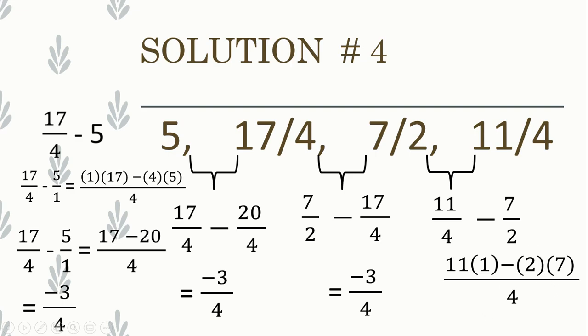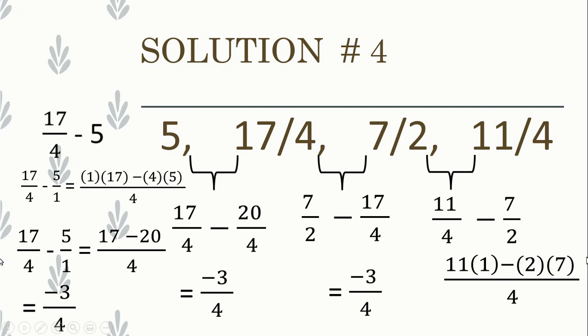By continuous evaluation, that will become 4 divided by 4 is 1 times 11, that's 11. Next, 4 divided by 2 is 2 times 7, that is 14.